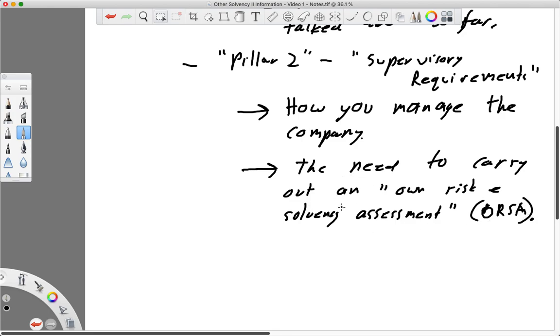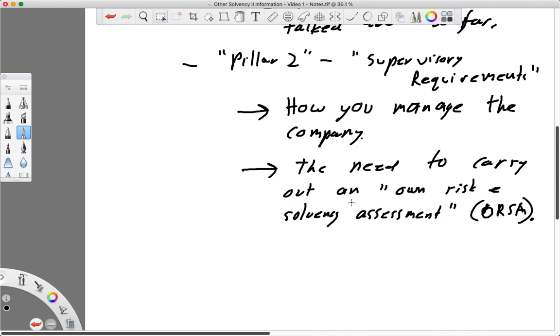So you can think about this as a big document where you or the company itself analyzes the risks that it's exposed to and what its solvency is. So for instance, if you were an internal model company, the results of your internal model, or certainly some of the results with your internal model, would feed into this own risk and solvency assessment, because that internal model needs to be used in the risk management of the company in order to pass the use test.